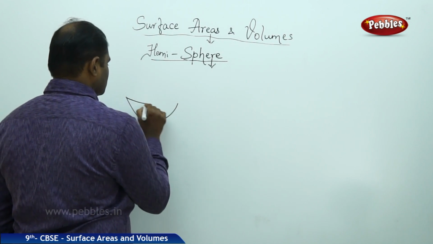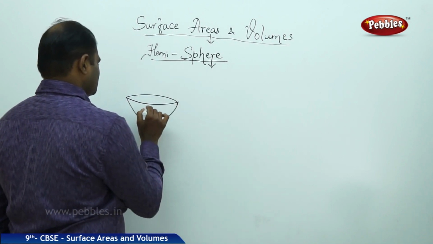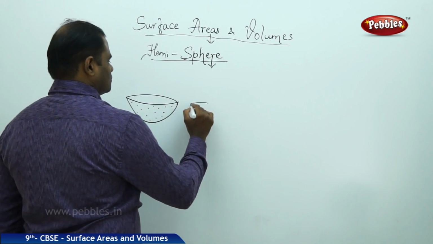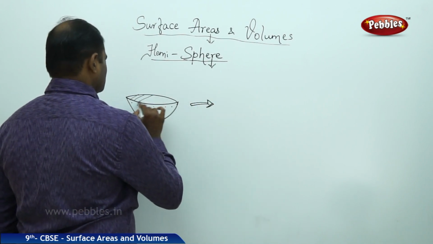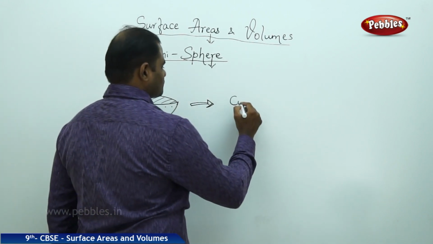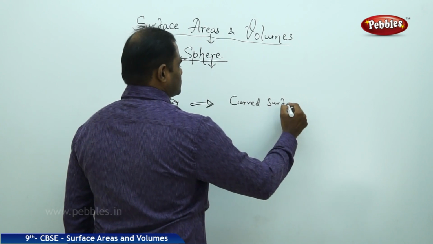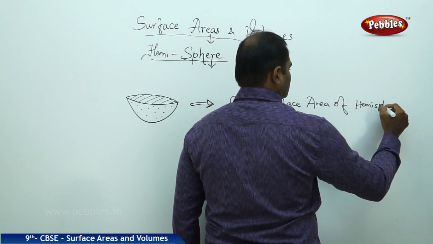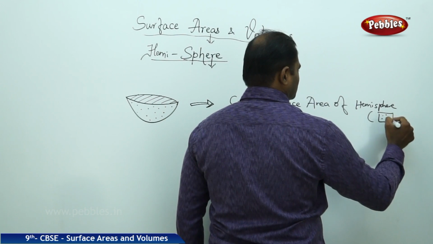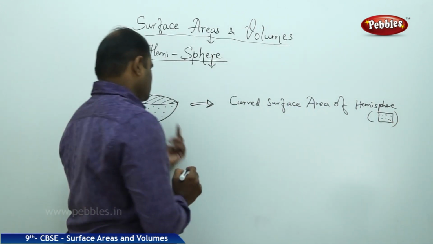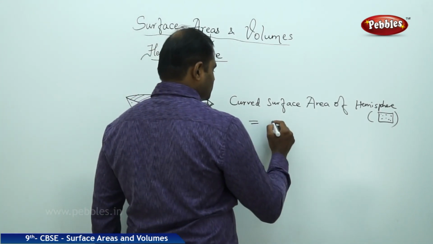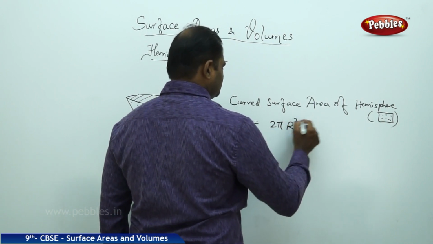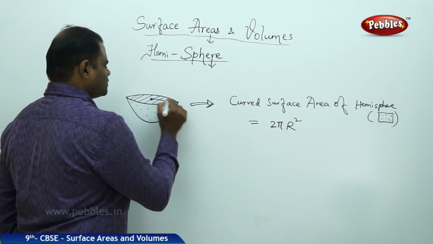I have a hemisphere in which the curved surface area, as denoted by the dotted region, is given by 2 pi r squared, where r is the radius of the sphere.